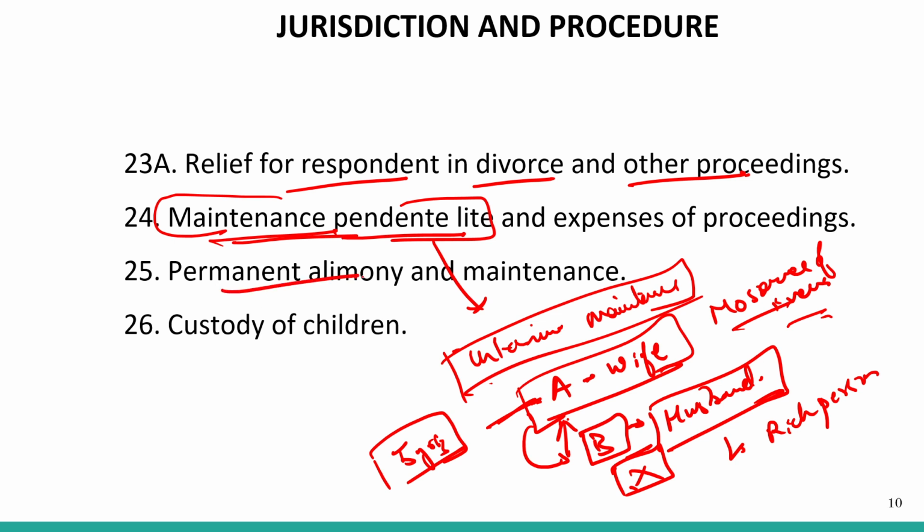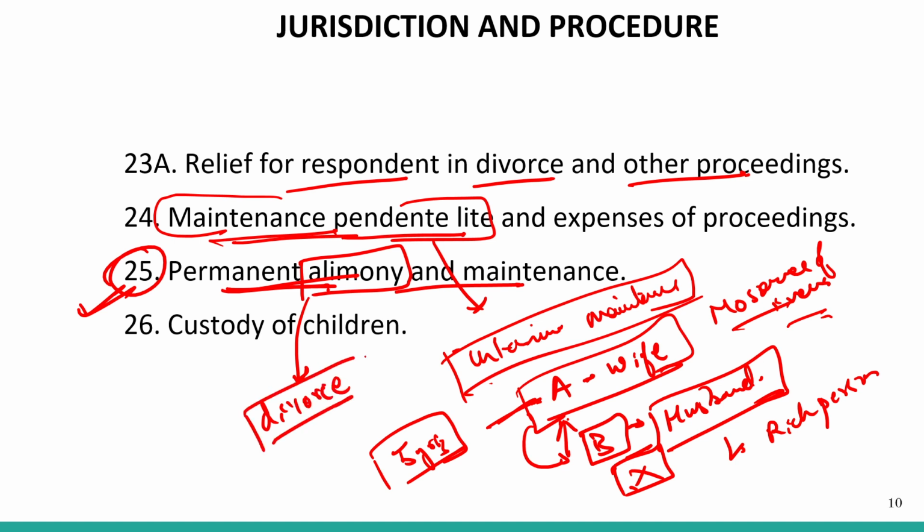Then what is permanent alimony and maintenance? So for example, there is a divorce that is going to take place. So for that, we are going to provide a permanent alimony. Alimony is an amount that is being paid to the person who will be given divorce, or who doesn't want to continue with the marriage.